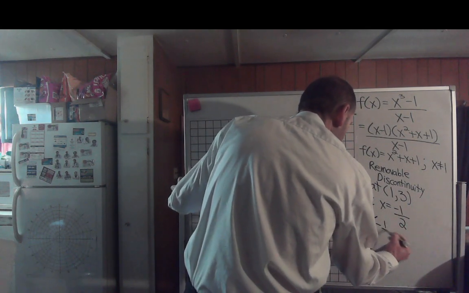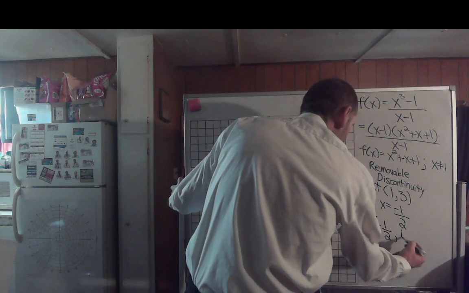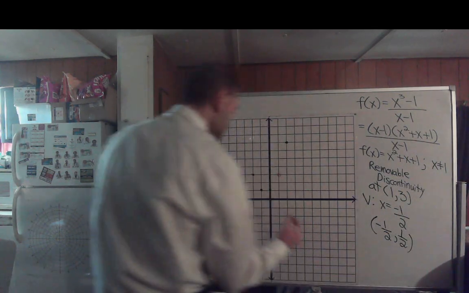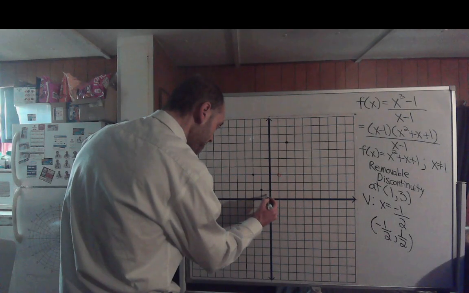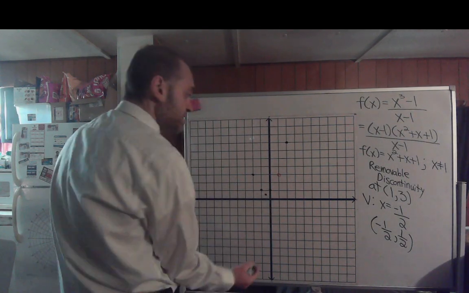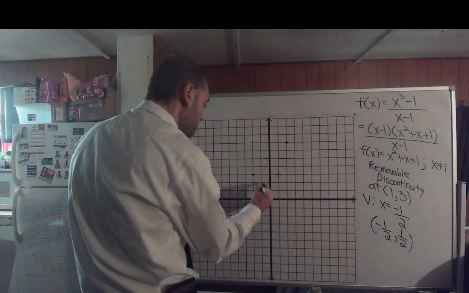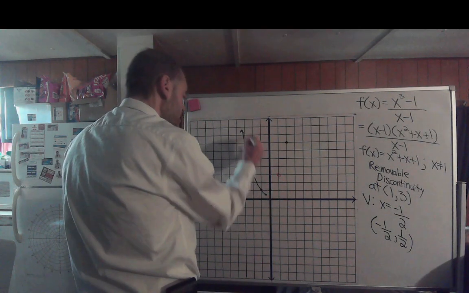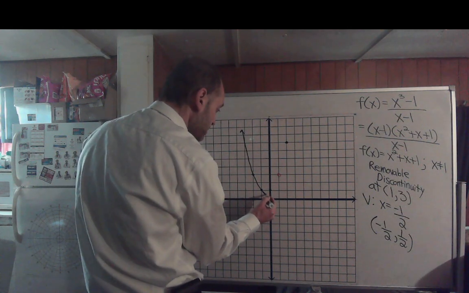So that'd be at (negative 1/2, positive 1/2) for my vertex. There's my vertex of the parabola. So now let's draw this parabolic curve.